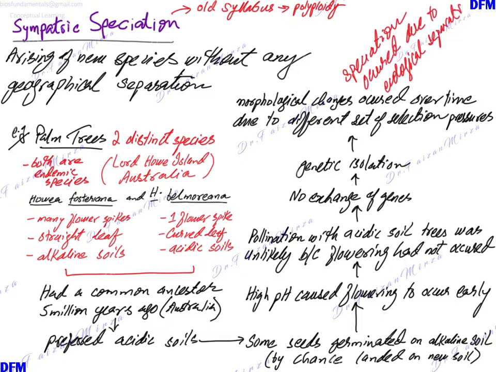The only barrier involved here is ecological separation, because of a separate ecology, one preferring acidic soil, the other preferring alkaline soil. And we know that ecology encompasses the idea of soil and the environment that the soil provides an organism with. Another example we'll take is cichlid fish here.